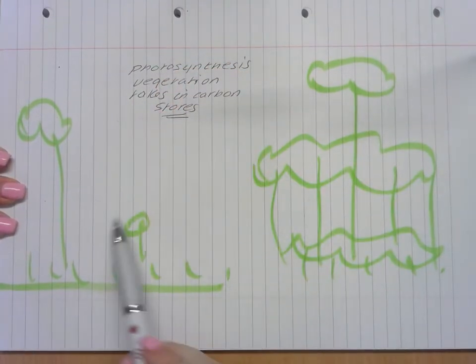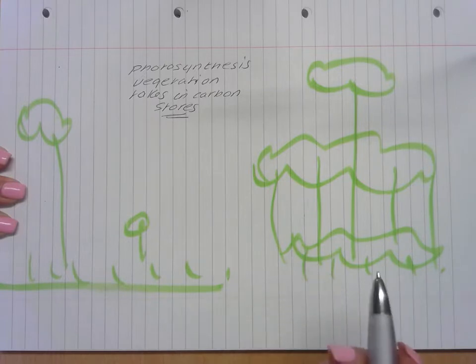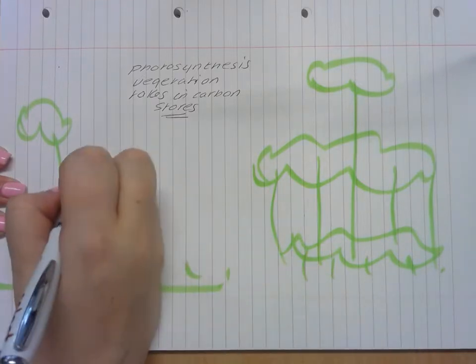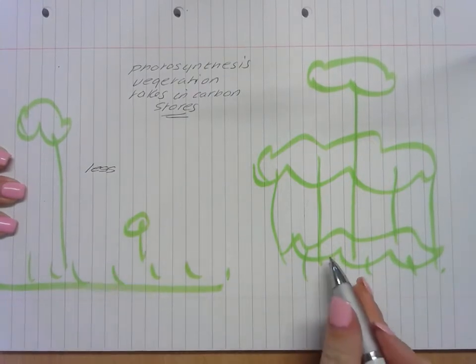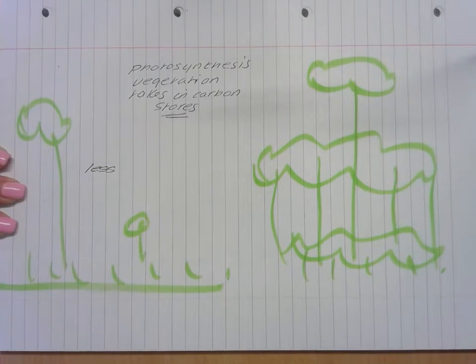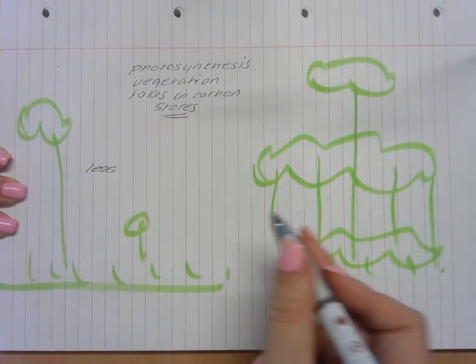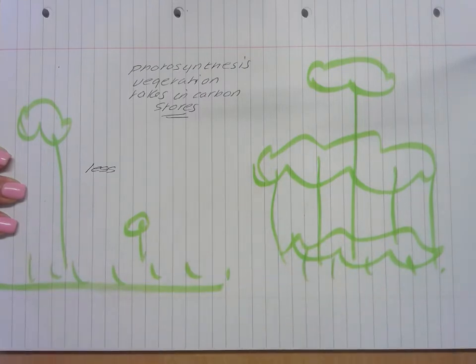So the trees, the vegetation, stores the carbon. It takes it in during photosynthesis. So it is no great shock then that there is less stored in the Savannah grassland than the tropical rainforest, because the tropical rainforest has got so many trees in it that it stores way more carbon than the Savannah grassland.